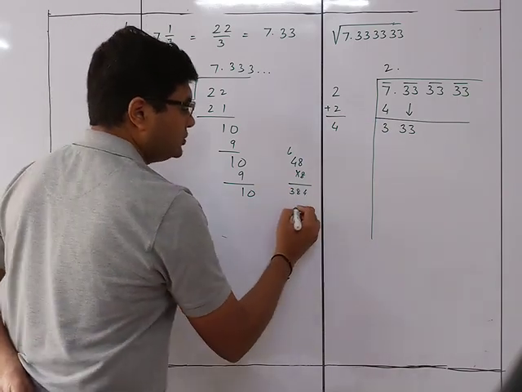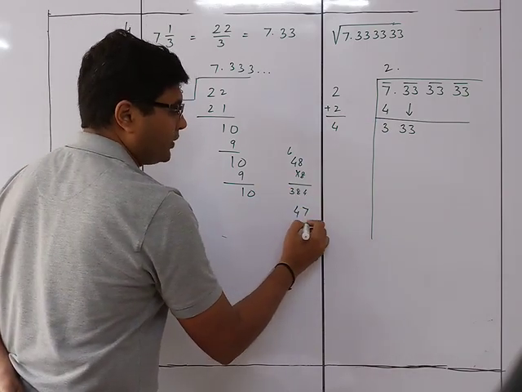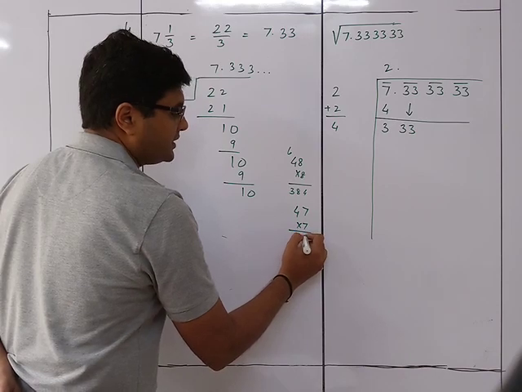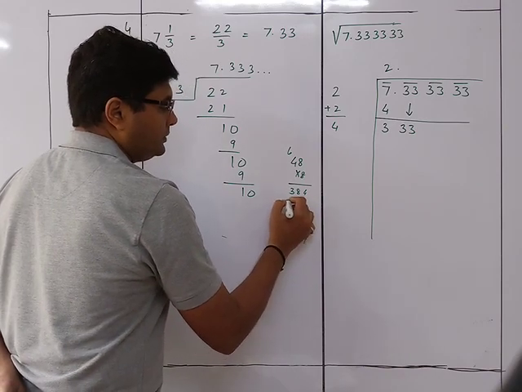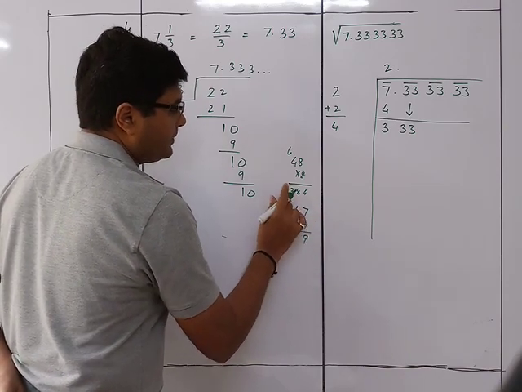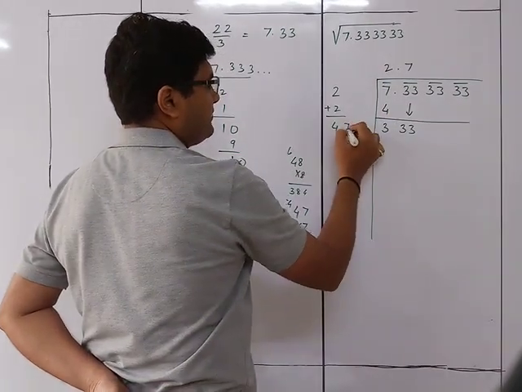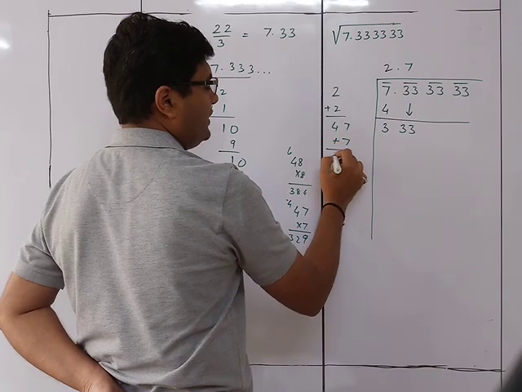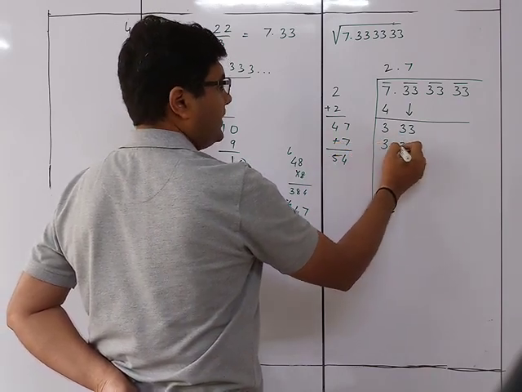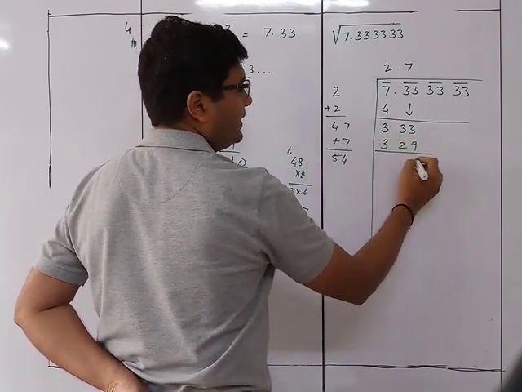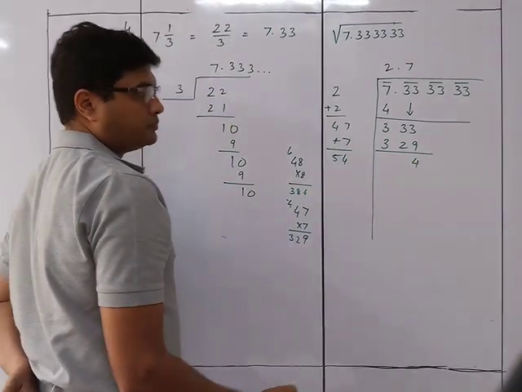So it's greater. So I'll take a smaller number, 47 into 7. 7 7s are 49. So 7 2s are 14 plus 4 is 32. So that is going to be 7s are, this is 7 here plus 7 here, so 54 here. It is 329 here. Give me the remainder as just 4.